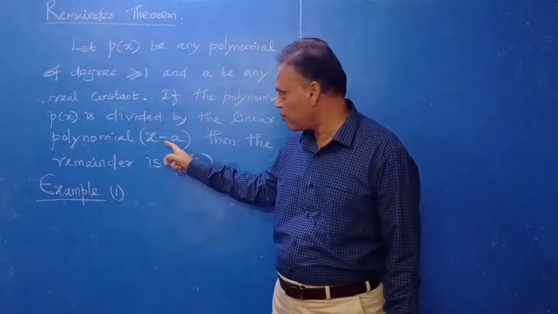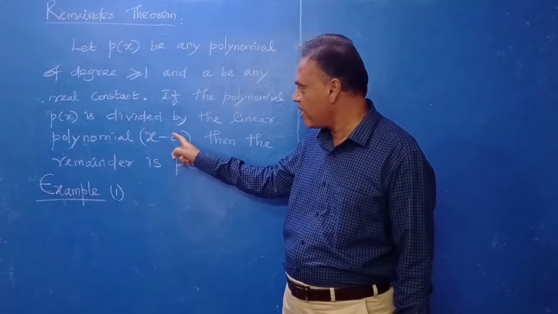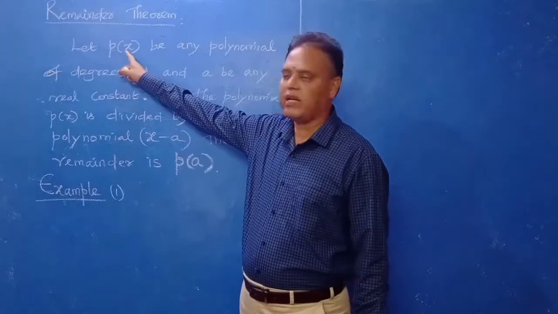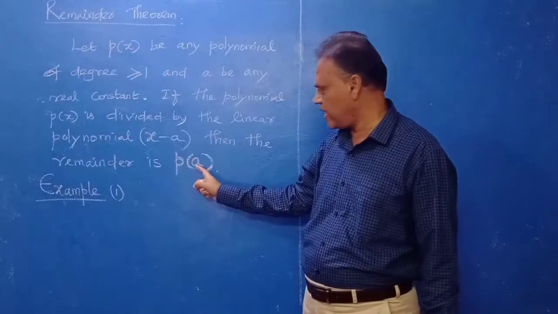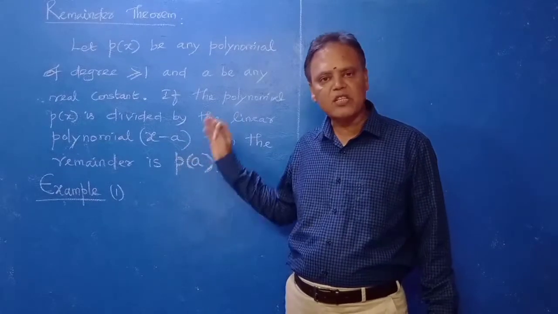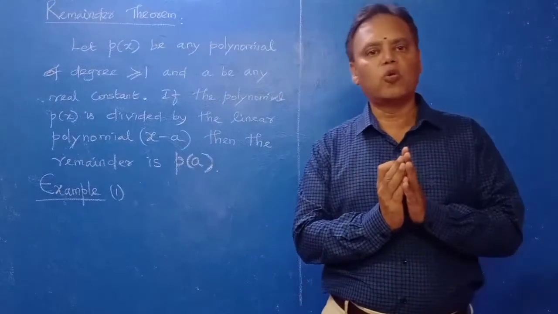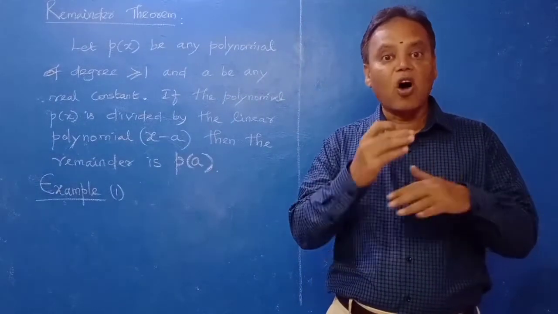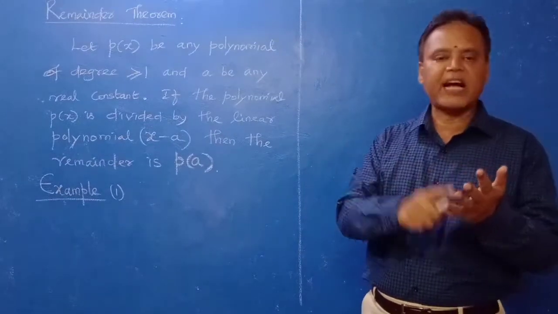That means the linear polynomial is of the form x minus a. In place of x you replace a, then you will get the remainder. It is a very simple method. When you divide two polynomials using the long division method, you will get a quotient and remainder.